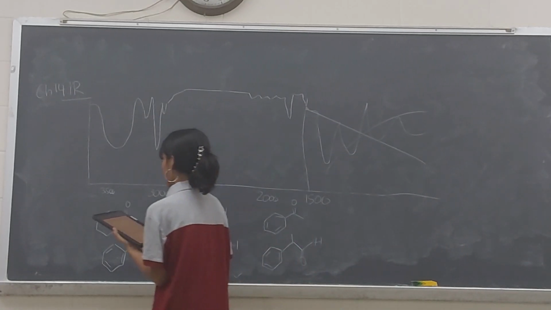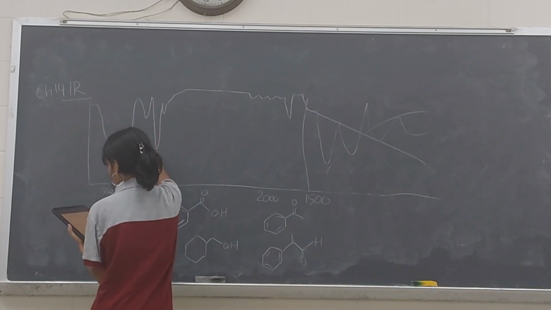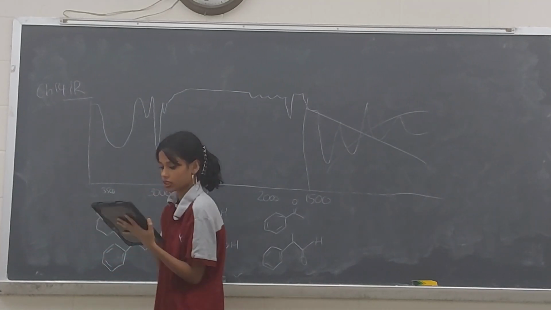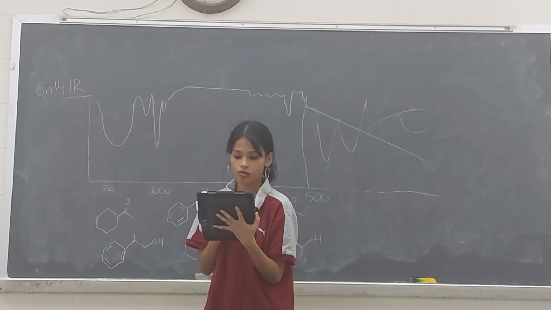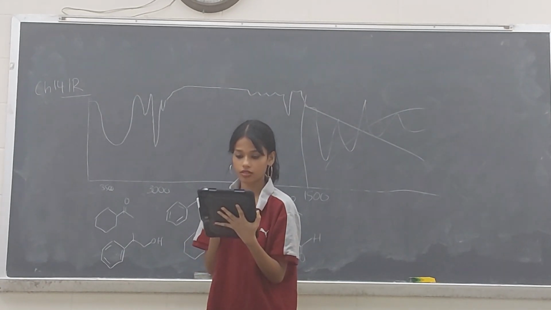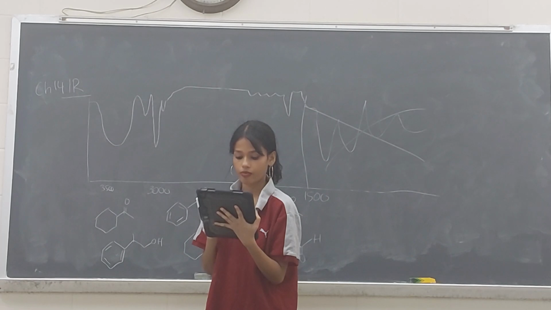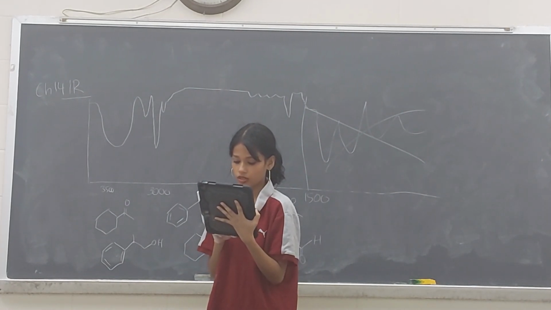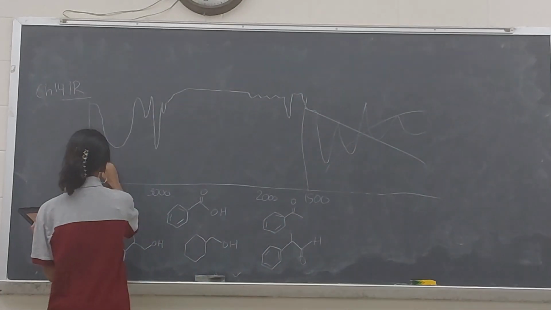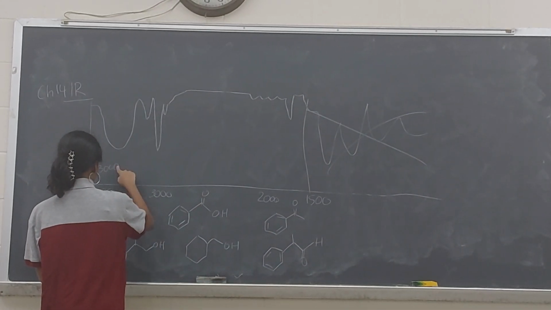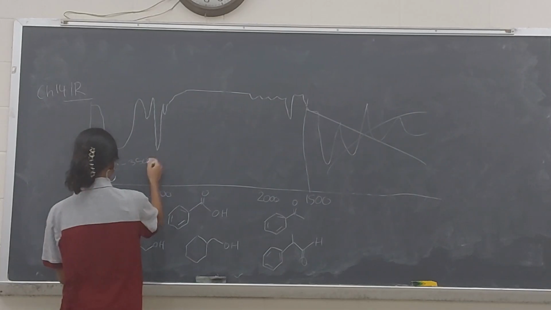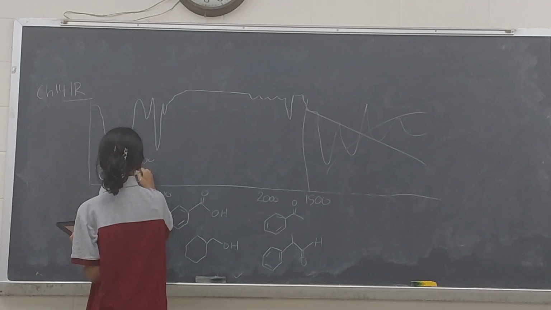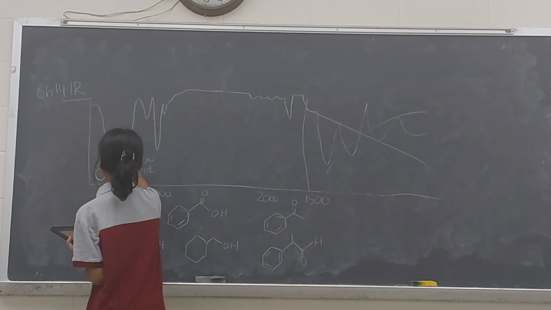Whenever you see a big round peak, there's also going to be given a list of wave numbers. I think it's around 3,000 to 3,500. So like here, right? And you see a big round peak. That'll indicate an OH.